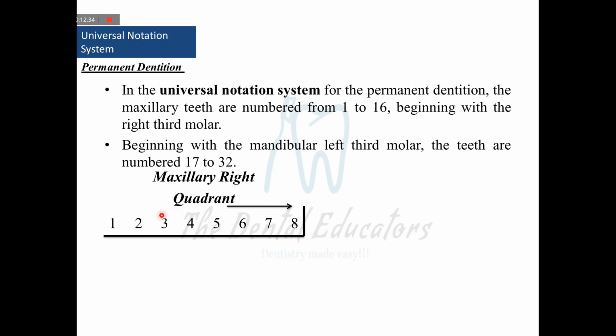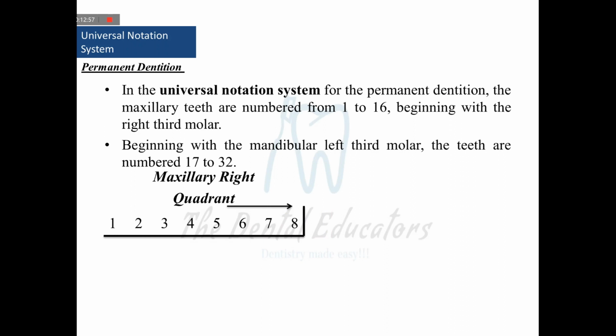The first molar is labeled as 3. The second premolar on the right hand side is labeled as 4. The first premolar on the right hand side is labeled as 5. The canine is labeled as 6, and the lateral incisor on the right hand side is labeled as 7, whereas the central is labeled as 8.